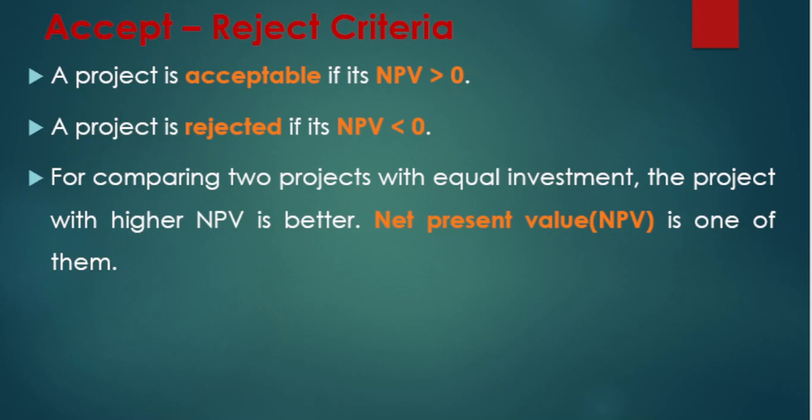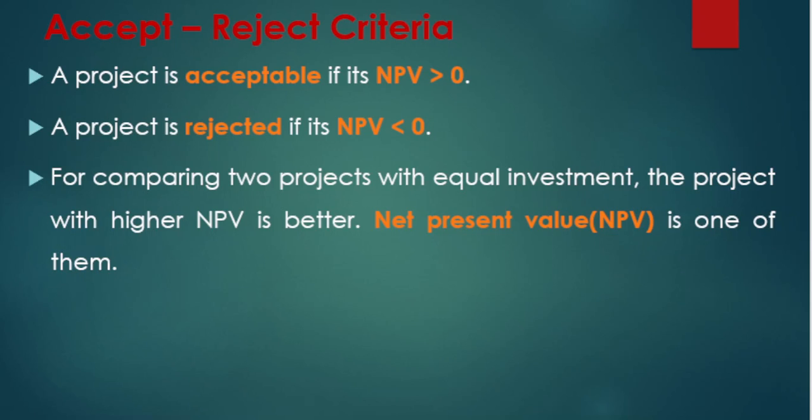Means if the net present value is positive, then only we accept the project. And if the net present value is negative or less than 0, then we have to reject the project. And sometimes we have more than one project with equal investment. So at that time, the project which has the higher net present value will be accepted.